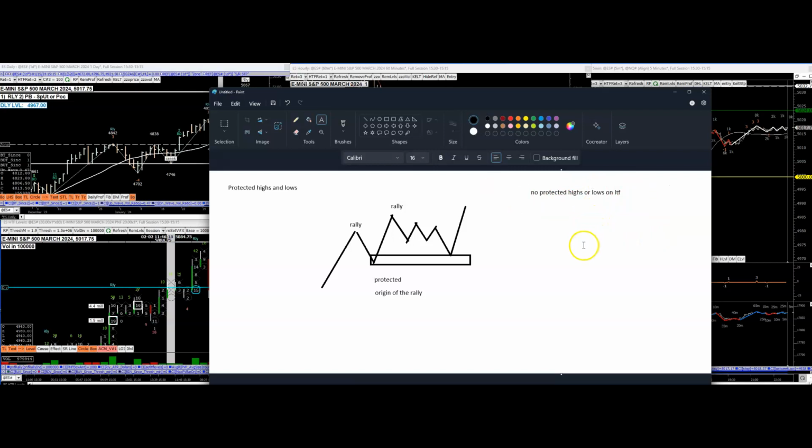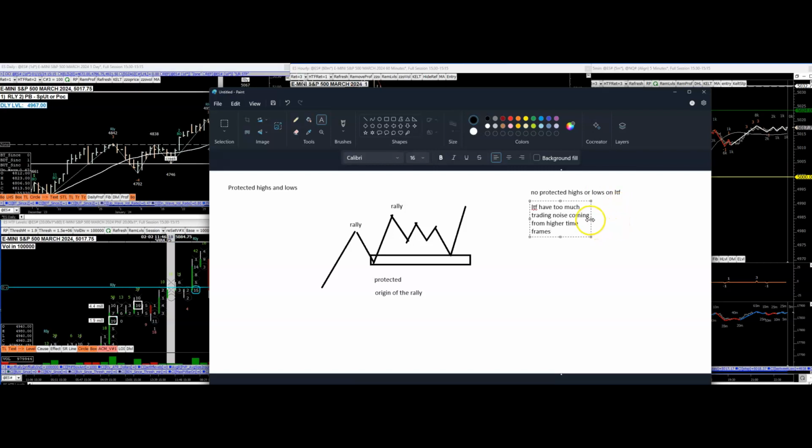This is just an opinion, but from what I've seen, there's no such thing as protected highs or lows on lower time frames, especially in the ES, because the lower time frames have too much trading noise coming from higher time frames.